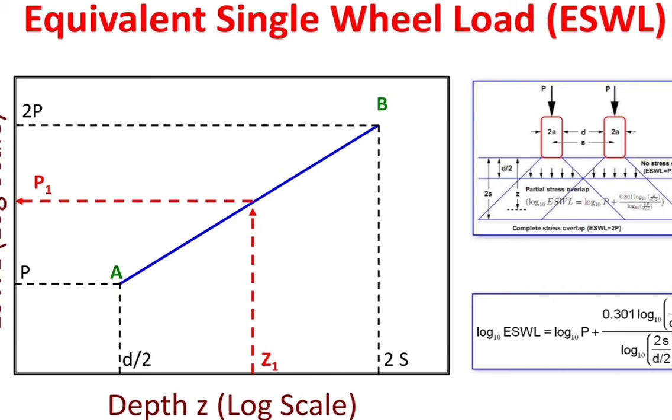To calculate the ESWL for a dual wheel assembly, it is essential to estimate the design thickness of pavement. Thus the ESWL is obtained at the assumed thickness from this graph. The same is used in design calculations. If the design thickness so obtained is equal to the estimated thickness, then the ESWL calculations could be considered correct. Otherwise trials are made.